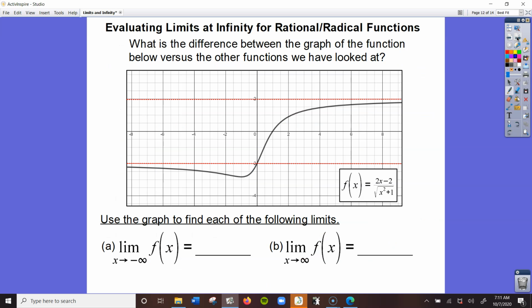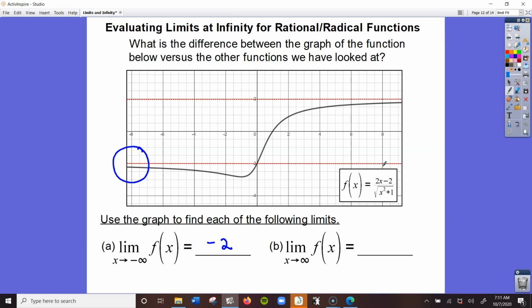Now, when we look at this particular function, we notice that we have two horizontal asymptotes, which is very rare. This happens when you have a rational function with a radical, whether it's in the denominator or the numerator. As you can see here, the limit as x is approaching negative infinity, the left side of the graph, is approaching negative 2.